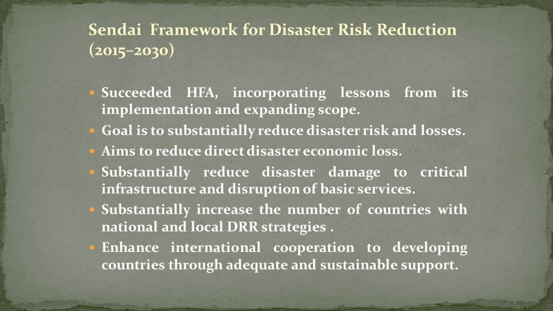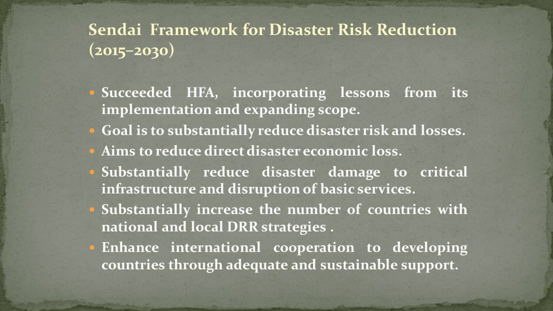The framework introduces 7 global targets for measurable progress, that is, sustainably reduce global disaster mortality by 2030, aiming to lower the average per 100,000 global mortality rate in 2020-2030 compared to 2005 to 2015.